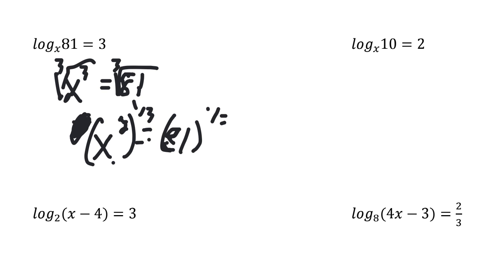Yeah, doesn't come out too well. So we can round that off. x is going to equal, somebody's just going to have to round off, 4.327.